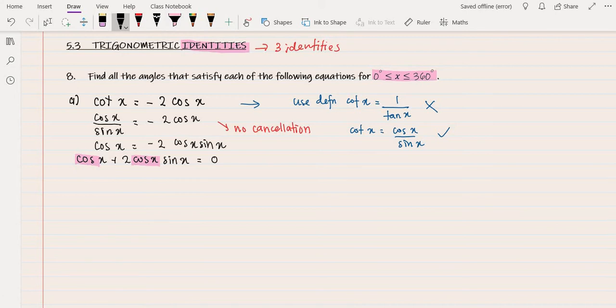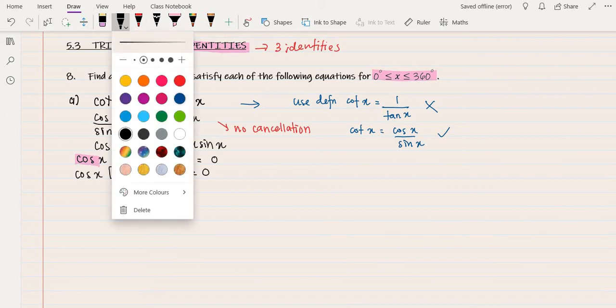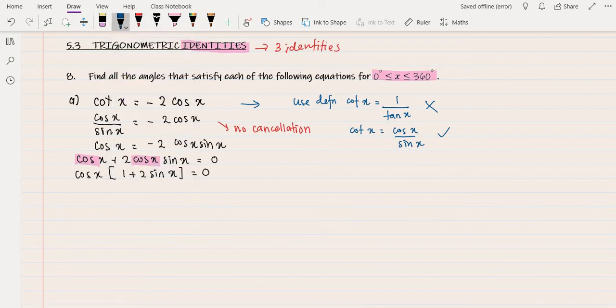Let's just factorize whatever we have that's the same for those two terms. So I'll have cos x outside, and then whatever left inside is 1 plus 2 sin x, and everything must be equal to 0.